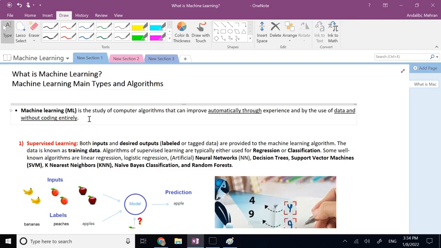So not every single detail of what, let's say, you want your robot to do is going to be hard programmed into the controller of the robot.